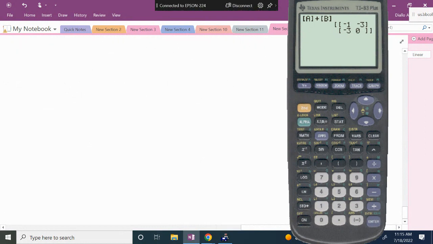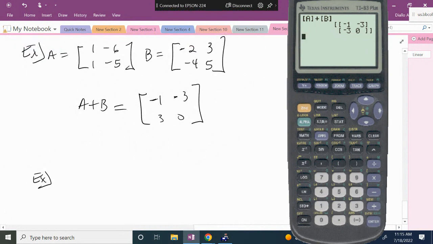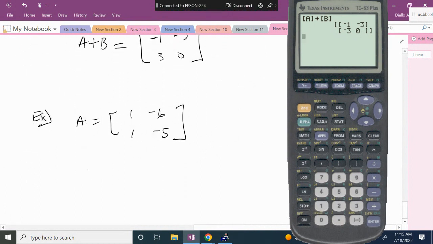So let's say we have A, and I want to keep matrix A the same. That's equal to 1, -6, 1, and -5. So let's say we were asked to find 5A.